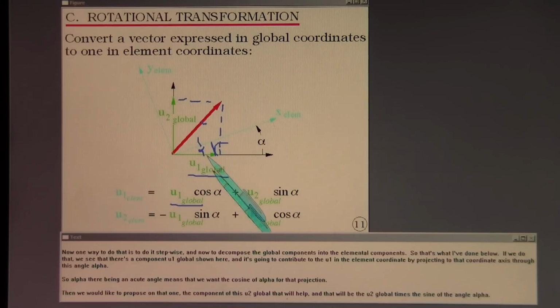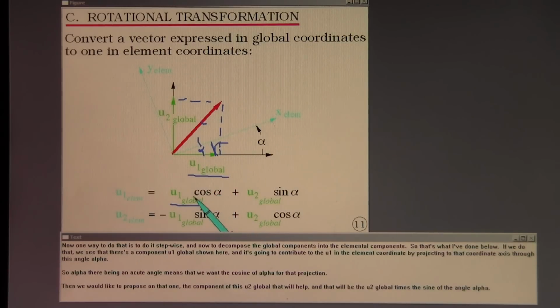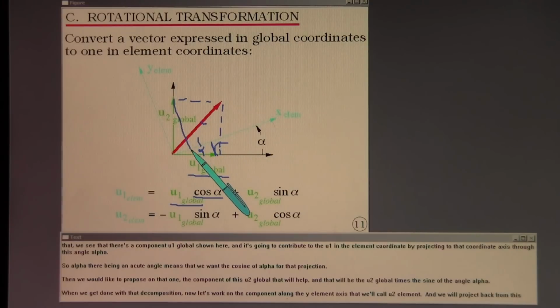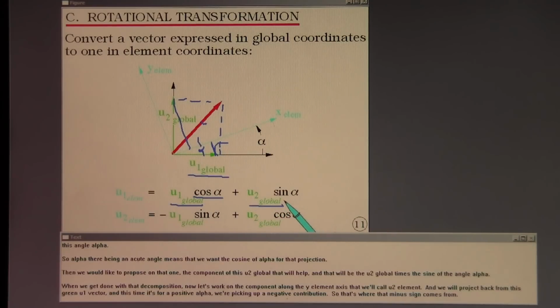So alpha there being an acute angle means that we want the cosine of alpha for that projection. Then we would like to superpose on that one the component of this U2 global that will help, and that will be the U2 global times the sine of the angle alpha.